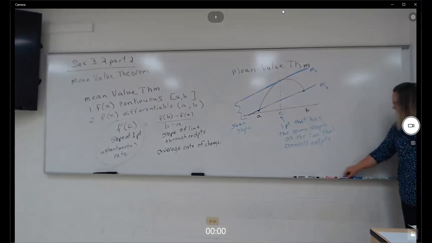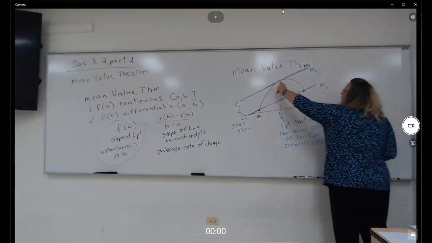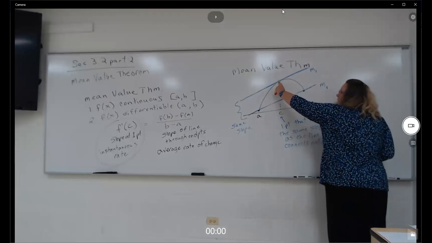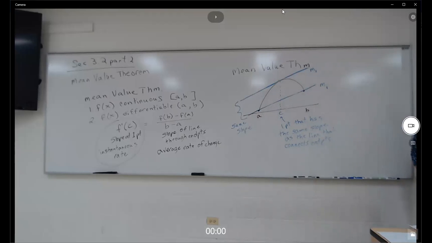But remember, it's kind of cool that as long as it's continuous and differentiable, there will be at least one point that has the same slope as the endpoints. That's kind of the mean value theorem in a nutshell.